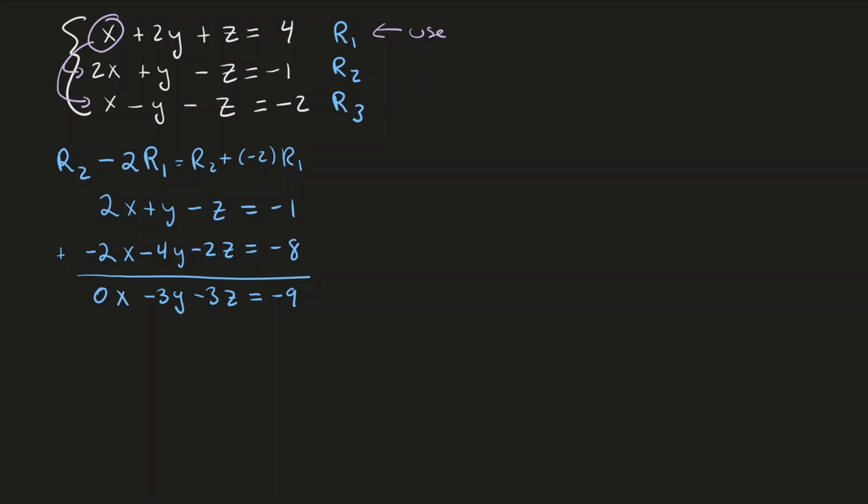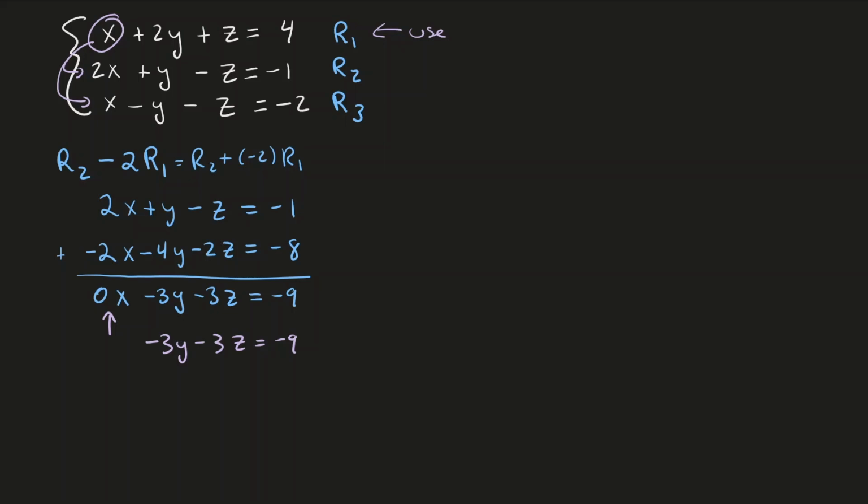So now we've effectively eliminated that x there, so it has a 0 coefficient. So this new equation is minus 3y minus 3z is equal to -9. So effectively, I've replaced the second equation by this new equation without the 2x in front. And now we have it down to 2 variables.